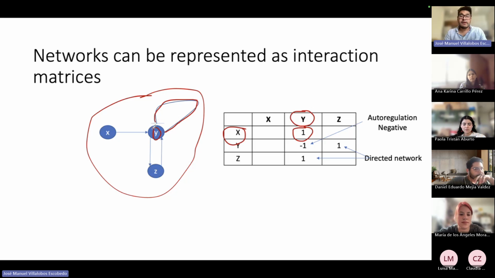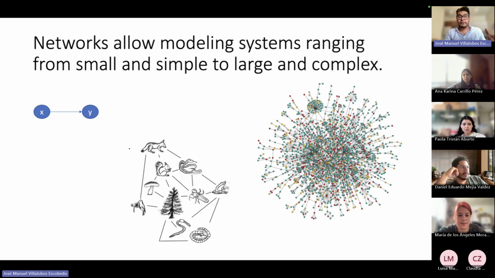And this is Y, that is a feedback alone. So this regulation Y to Y is a negative interaction. And also, Y can interact with C, and they have both directions. You can put these directions here. So you can see that we are starting to build this matrix that we can use to build a network. And at the end, we can finish with this kind of thing.